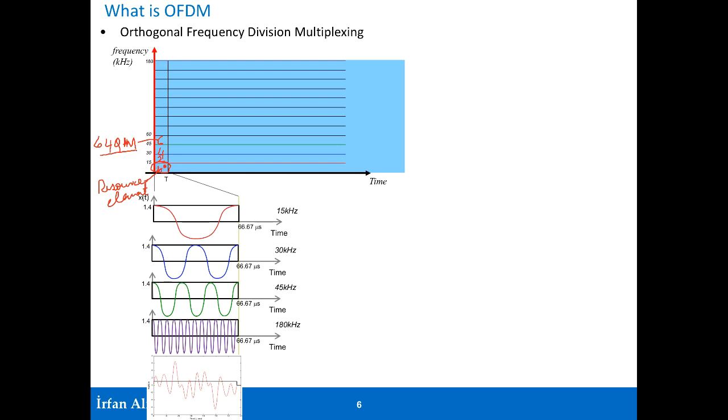So each of these resource elements can be carrying 2 bits, 4 bits, or 6 bits. Of course, they show it as if it's in this resource element, but the main information is in the frequency that you are transmitting. So it's in this frequency that you're putting in the 0 or 1 bit.